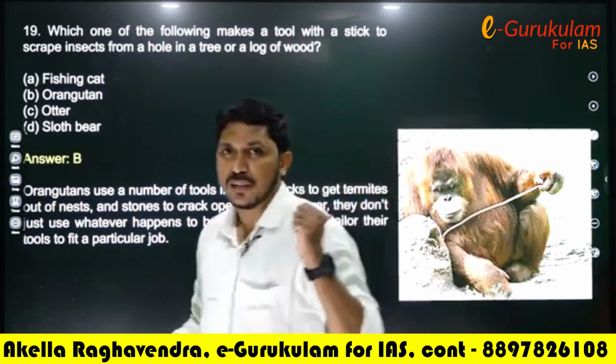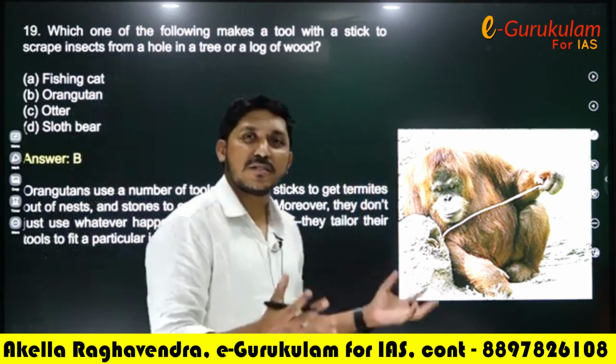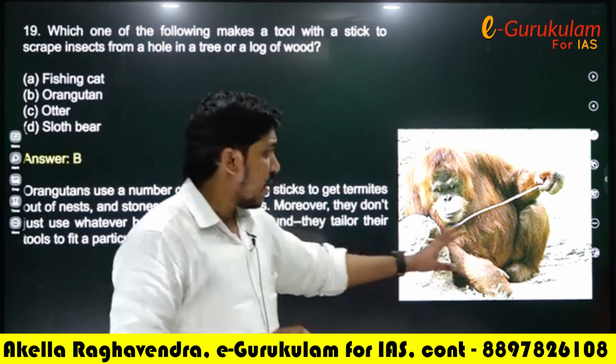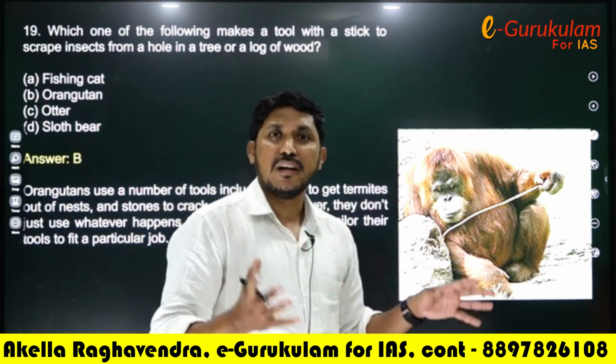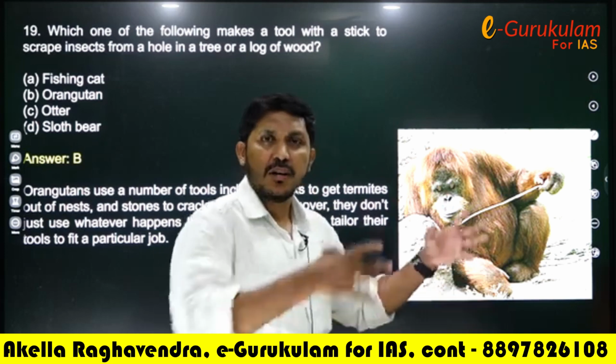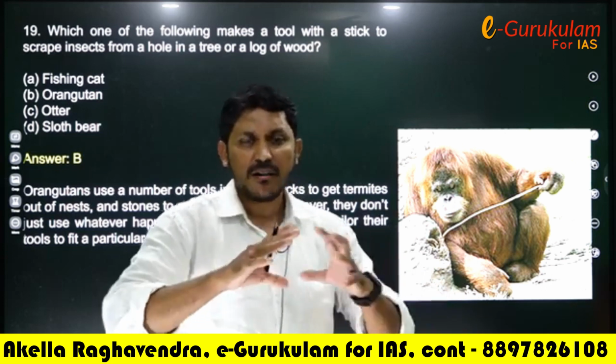As you can see in the photograph, a very interesting question. The orangutan has a very interesting skeleton which resembles ours almost. A very intelligent species. It is always in the news regarding palm oil exploitation in Indonesia, the Sumatra and Java islands. Palm oil exploitation means their rainforests are completely gone, exploited, and there are environmental concerns.